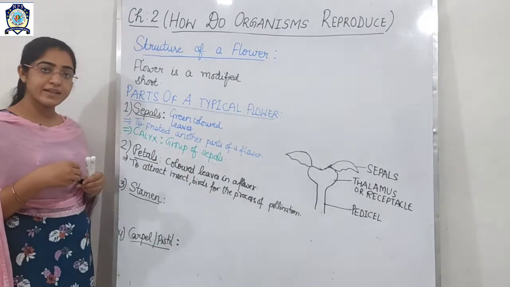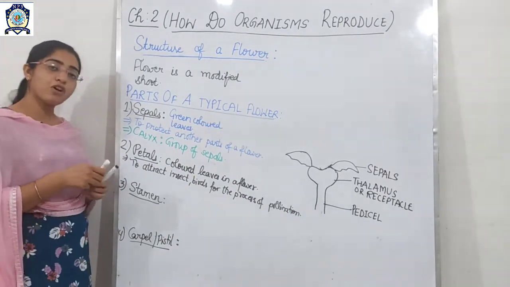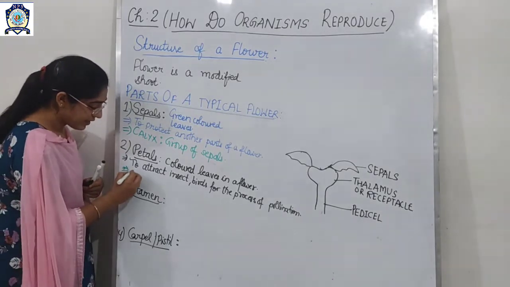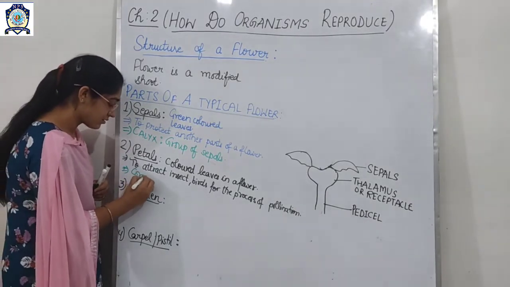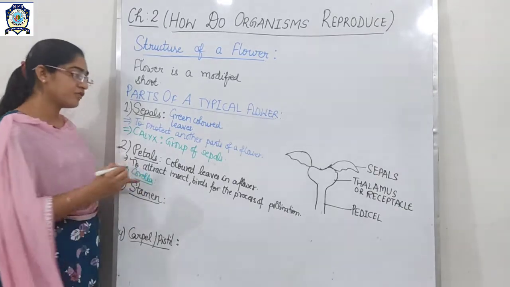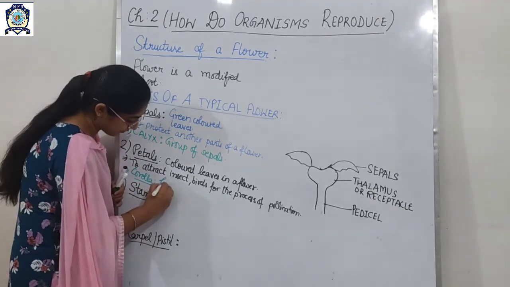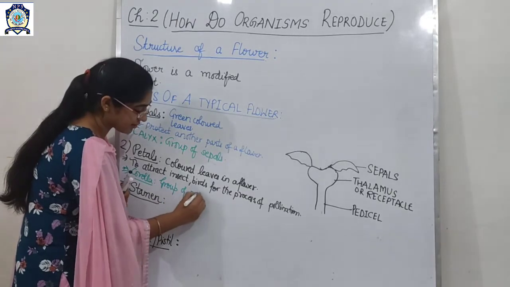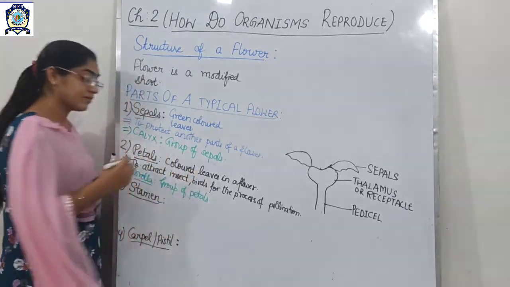Am I clear? And if we talk about the group of the petals, then corolla is a term which is used for the group of petals. Am I clear?